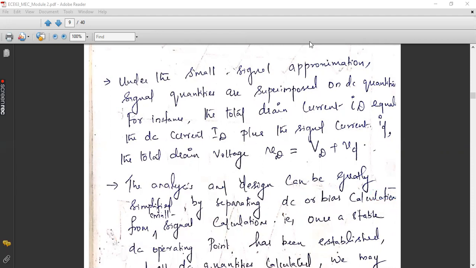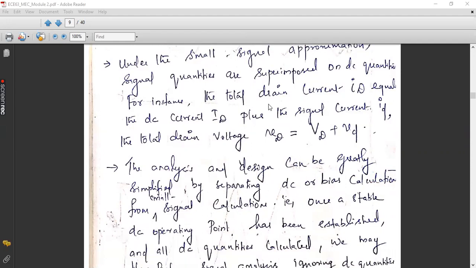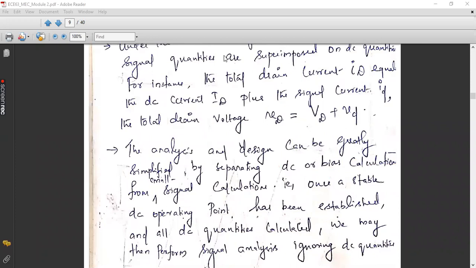So how this is being done is, before giving the signal input, first we will ensure the proper DC operating point or Q point, that is in the feasible region, in the most desired region, like the midpoint of your saturation region. We will focus on that point, and then fix our Q point.